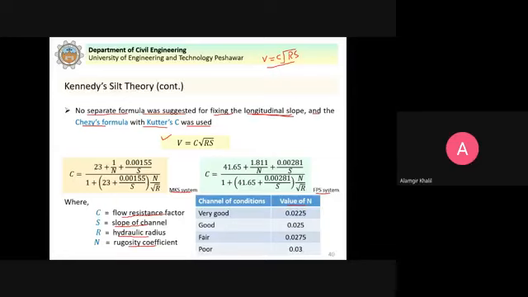It depends upon the channel conditions. If the condition is very good, then the value of N is 0.0225. For good condition, 0.025. For fair condition, 0.0275. And poor condition, it can be taken as 0.03.